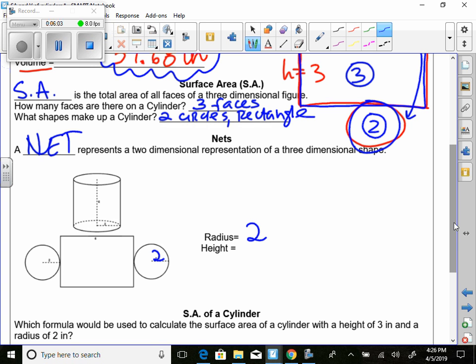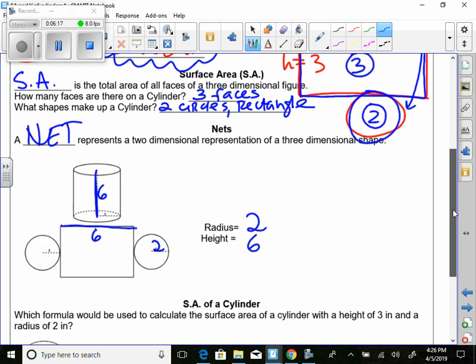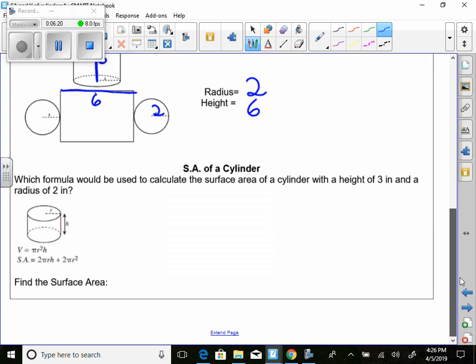That's where we find the radius, always in a circle. And the height, I'm going to go with 6. That's where you locate information, but the height is also going to be right here. Height is 6.